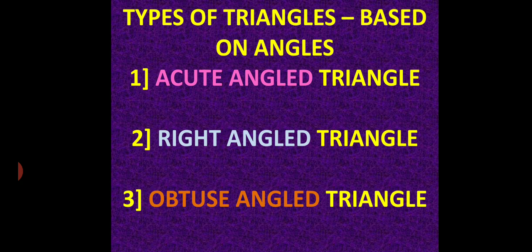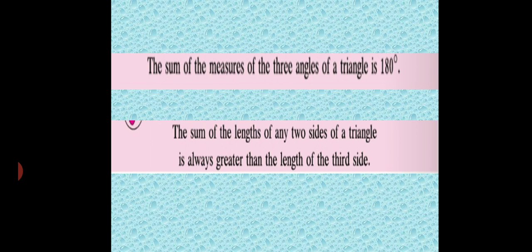Next, you have learned to name the triangle based on angles, wherein you have learned acute angle, right angle and obtuse angle. And next you have learned two properties. The first property is the sum of the measures of the three angles of a triangle is always 180 degree. And the second property is the sum of the lengths of any two sides of a triangle is always greater than the length of the third side.